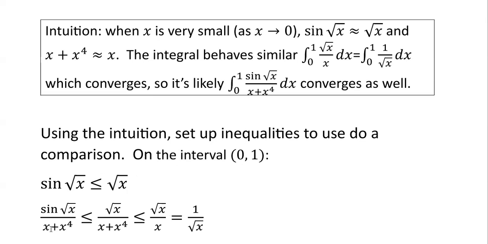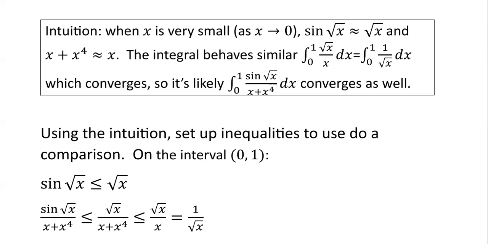So now we just divide both sides by x plus x to the fourth. And this side over here, we can write another inequality: it is less than or equal to square root of x over x. This one's hopefully easier to understand. We've done this many times if you're following along sequentially.